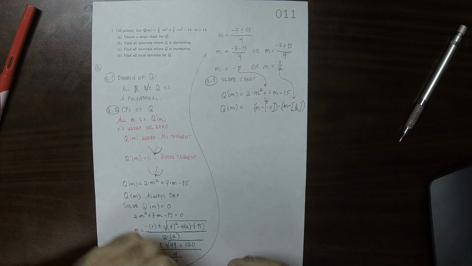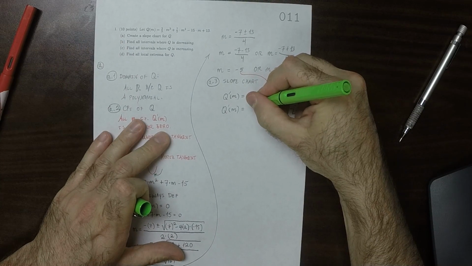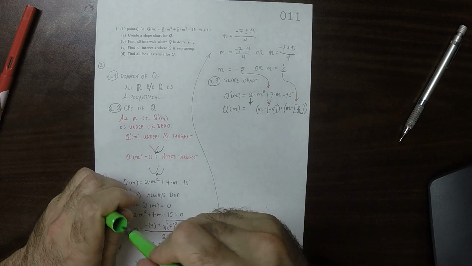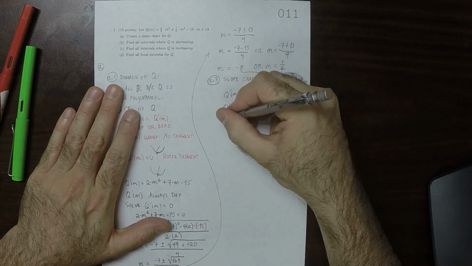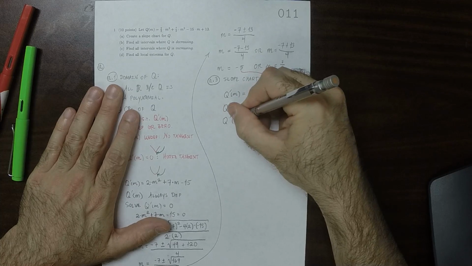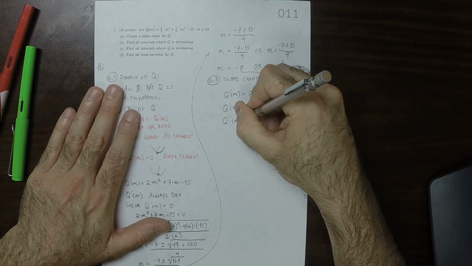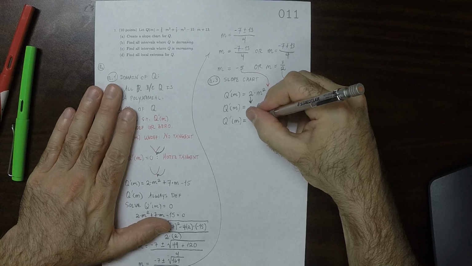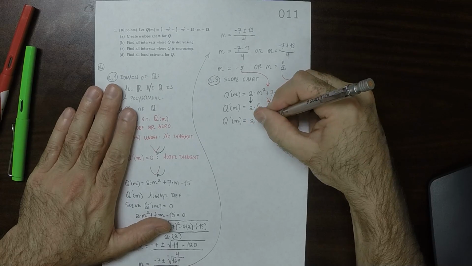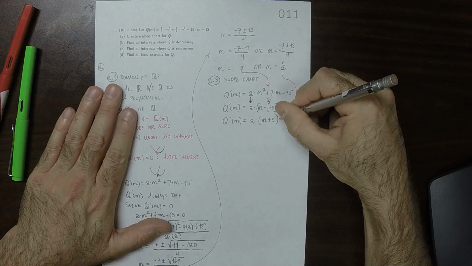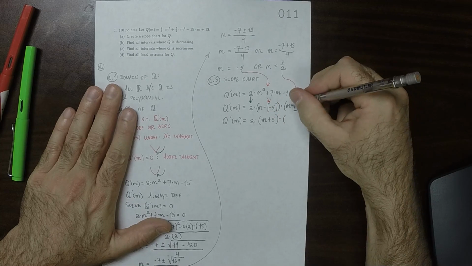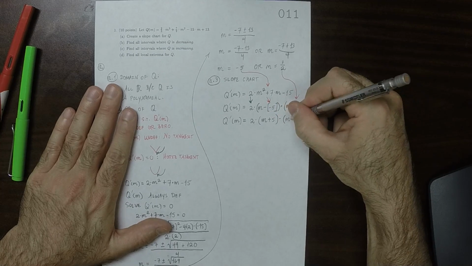And to make sure that we have the coefficient right, this 2 there. So that the factorization of q looks like this: 2 multiplied by m plus 5 multiplied by m minus 3/2.